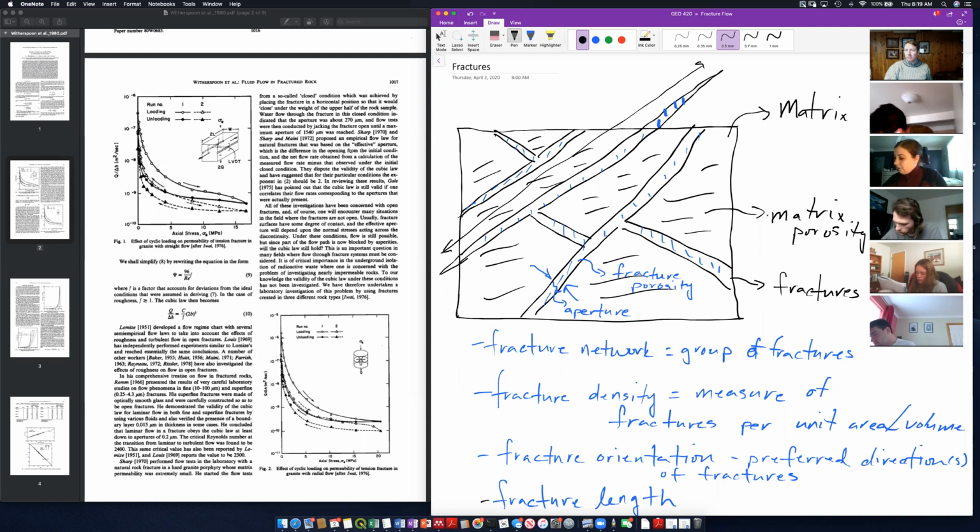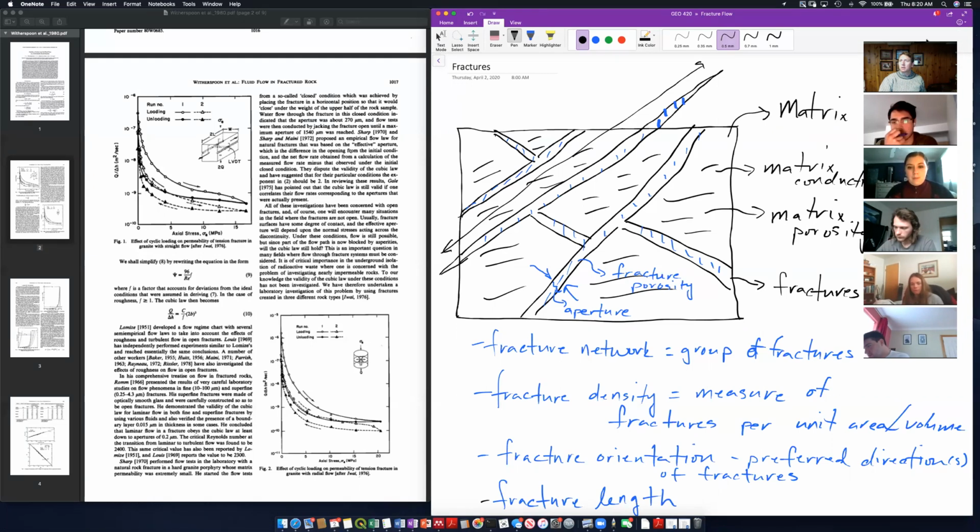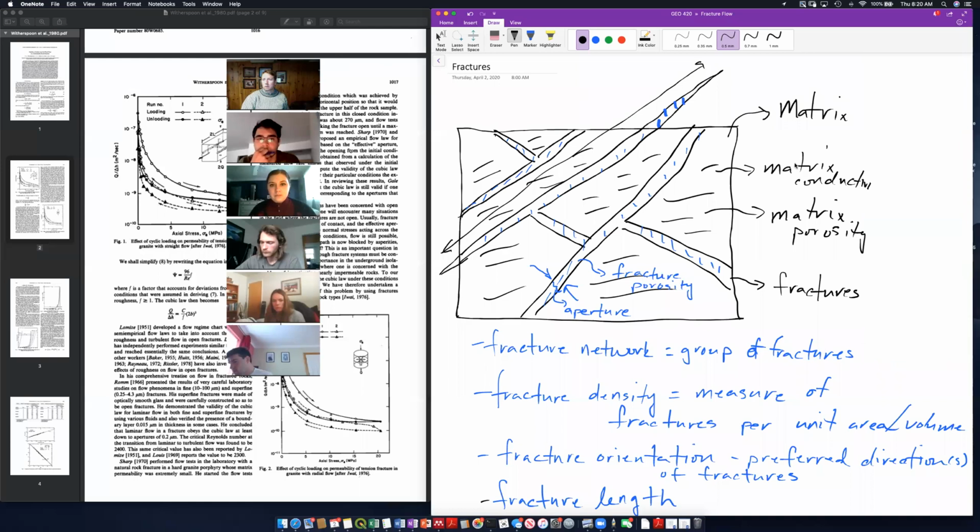One is the matrix, and it has its own porosity and its own conductivity. And then we have fracture porosity and fracture conductivity.